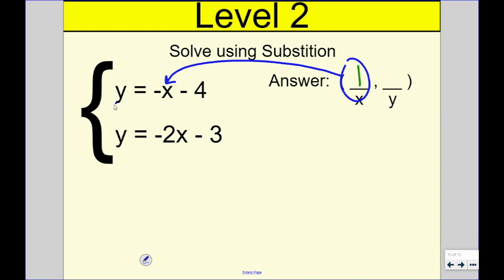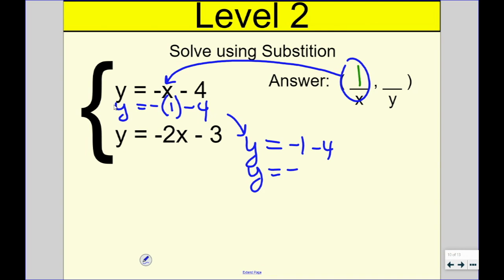So y equals negative, my x was 1, minus 4. Well, I should have done this over here. I'm just going to rewrite it over here. Y equals -1 minus 4. So y equals -5. We have now figured out that y is -5. But we are going to double check this.